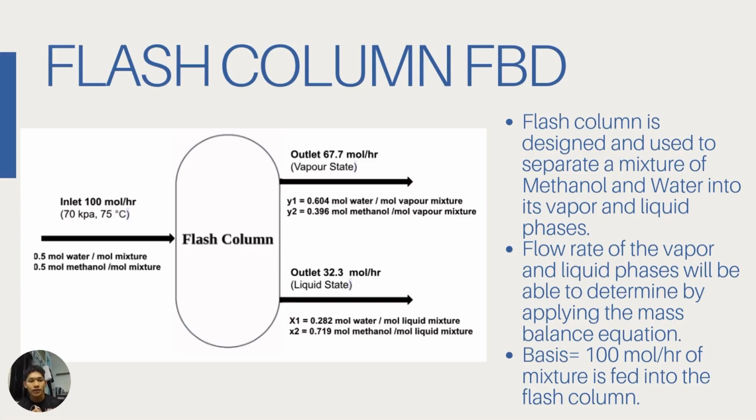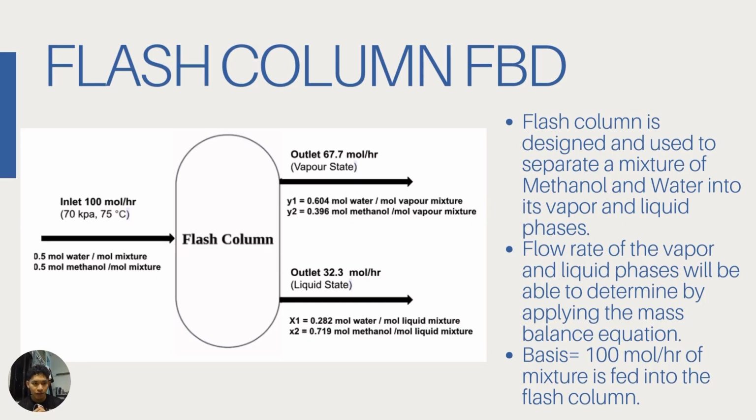Next, we go to the flash column FBD. As you can see here, the feed enters the flash column at 100 mole per hour of mixture. The basis here is 100 mole per hour of mixture fed into the flash column. The inlet pressure and temperature are 70 kilopascal and 75 Celsius as a saturated liquid.